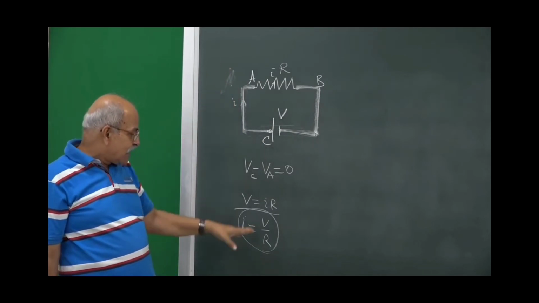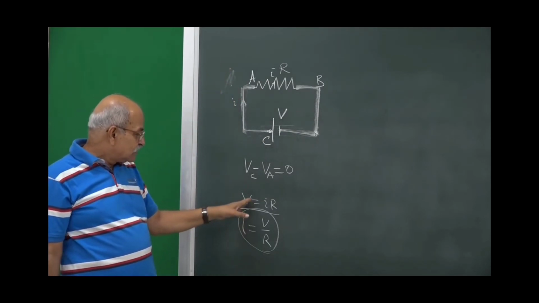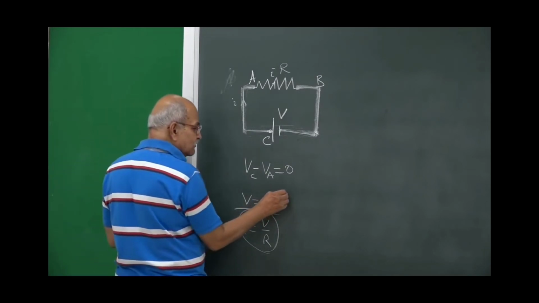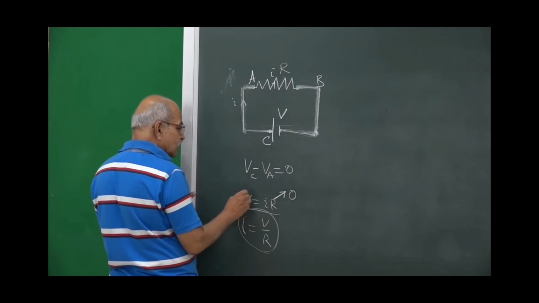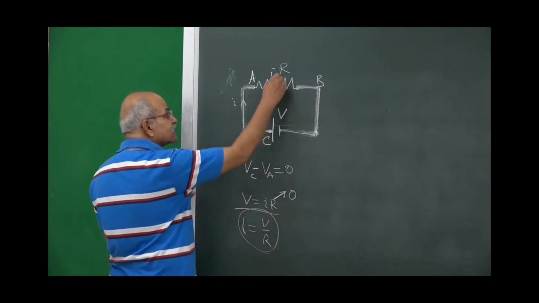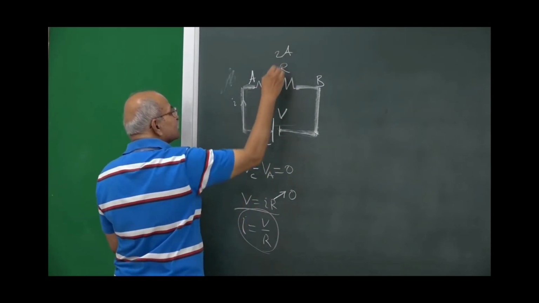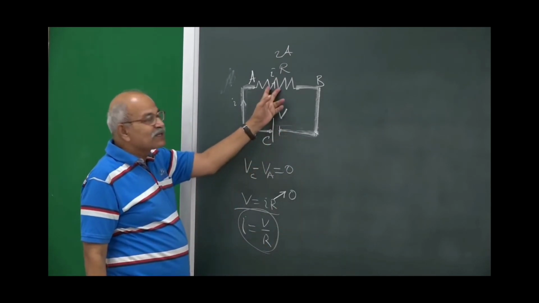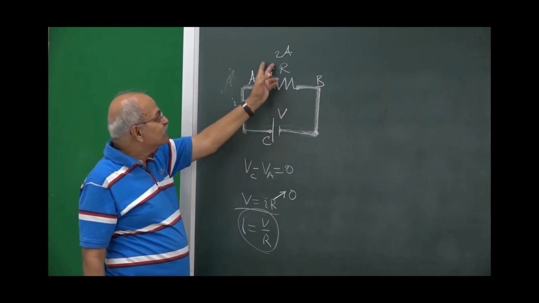So, if you do that, from this equation itself you can see that if this R is 0, and if I is, let us say, 2 amperes, suppose it is a 6 volt battery and this is a 3 ohm resistor and the current is 2 ampere.